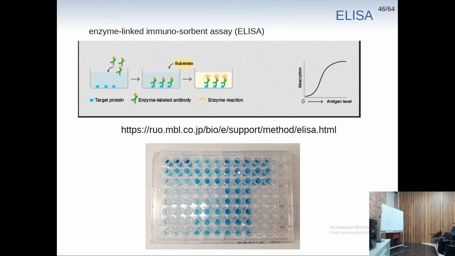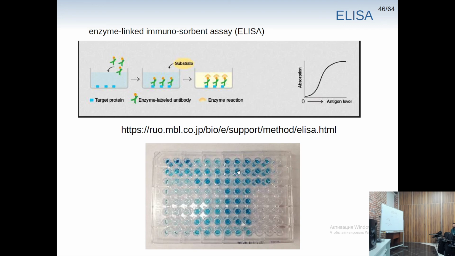There is another way to see the concentration of your protein, the so-called ELISA, enzyme-linked immunosorbent assay, which uses a similar approach. If we cover our plate with proteins of interest, we can use our antibodies even with a label.